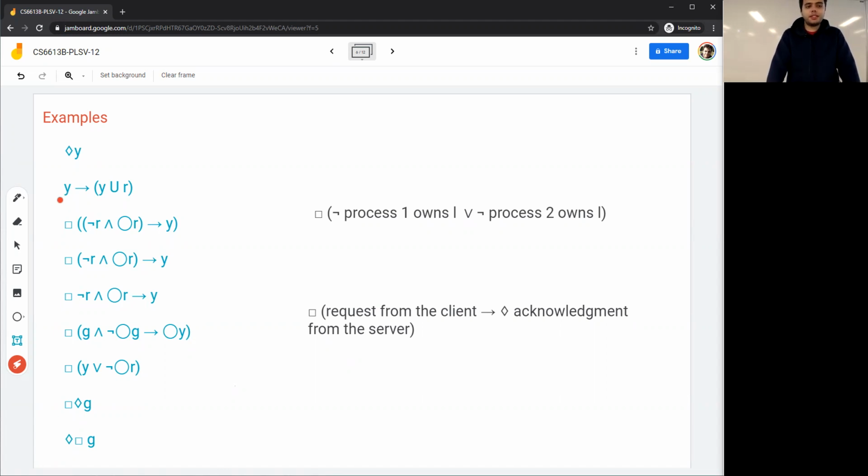So this is basically saying if Y, then Y until R. What does it mean? No, this is until. Basically, what it says is that if the light is yellow now, then there is some point in the future where the light becomes red.